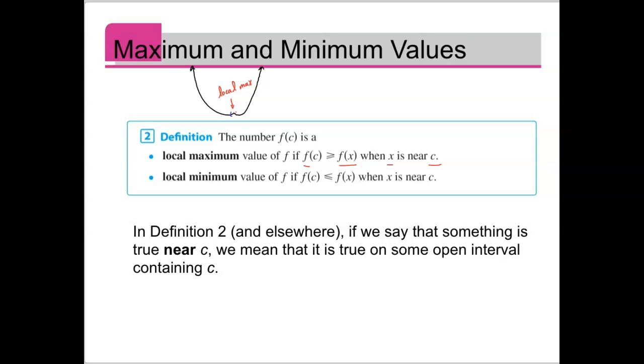So I would go here to here, where that vertex is bigger than all the surrounding points in that open interval, right? So for any open interval that you can contain, where your highest point or your lowest point is bigger or smaller, respectively, for local max and local min, then that is true. Okay.